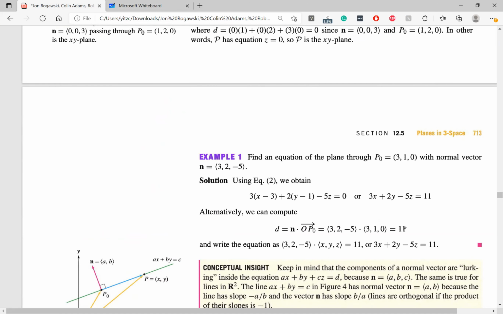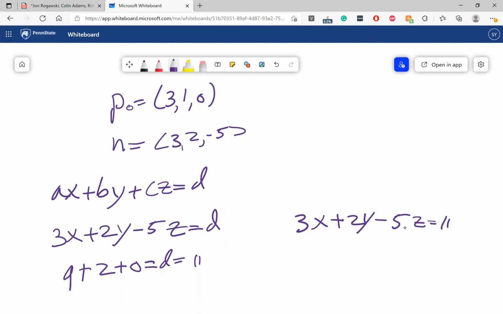Any questions? Yep. So we don't always start with the normal vector. Here you're given the normal vector, so you put it in front of the x, y, and z.